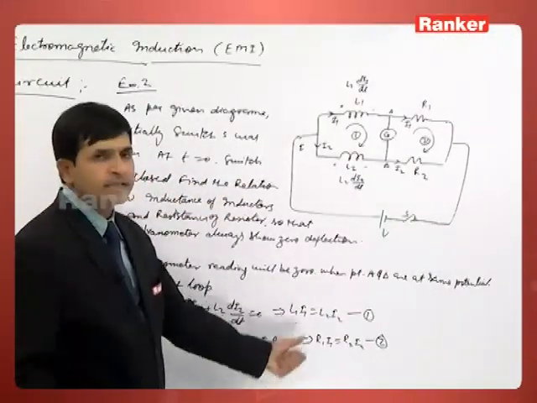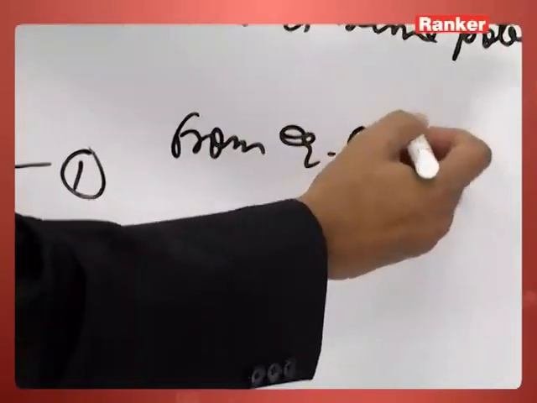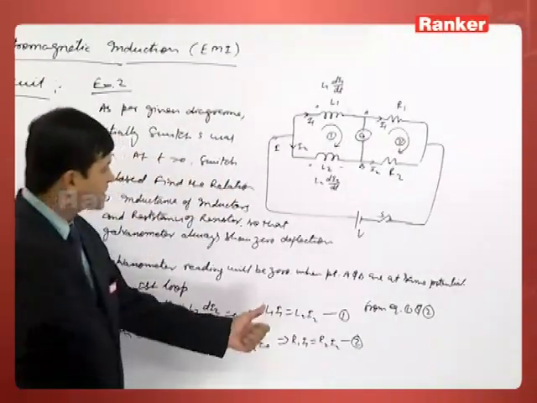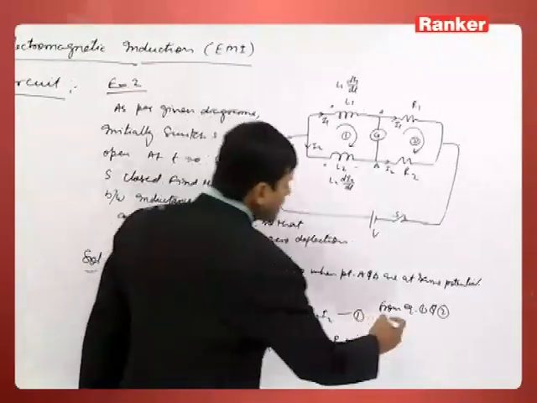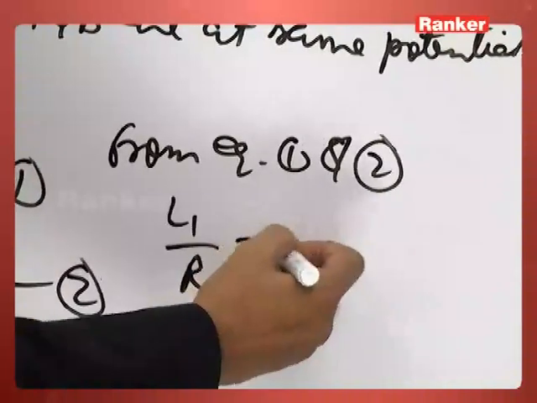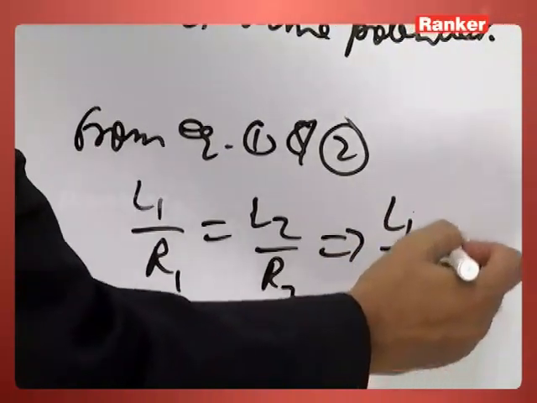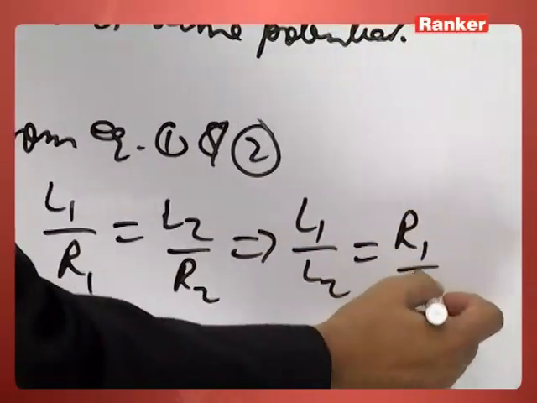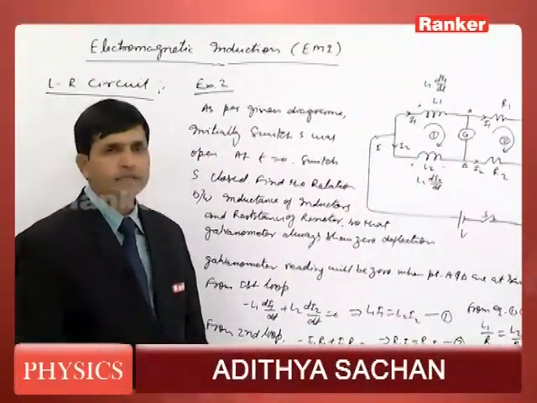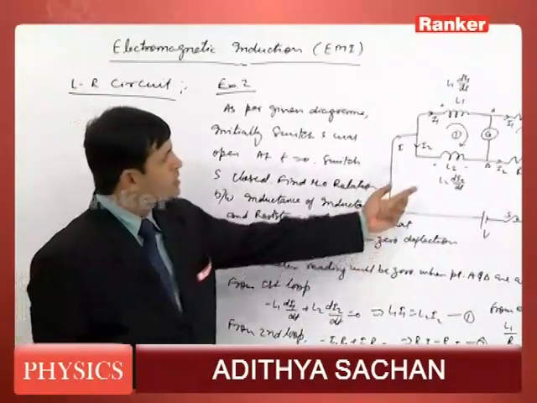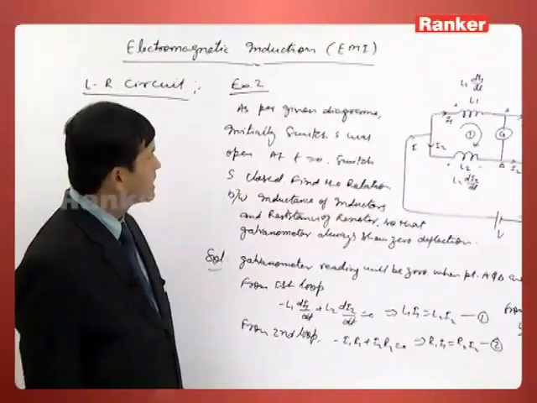Now from the first and second equations we get the relation L1 by R1 is equal to L2 by R2, or we can say L1 by L2 is equal to R1 by R2. This is the relation between the self-inductance and resistance so that the galvanometer always shows zero deflection. This is another example.